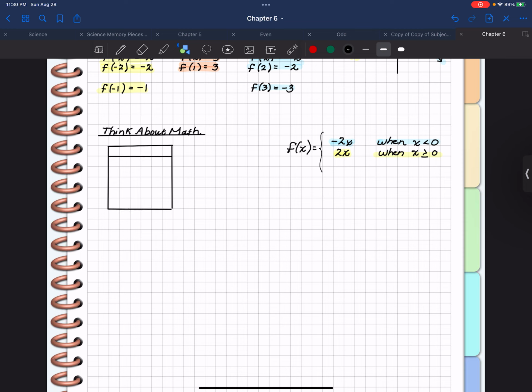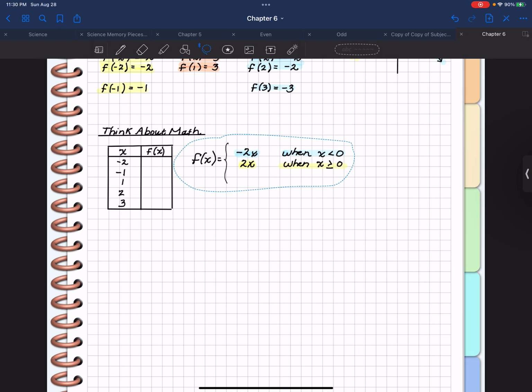Here we've got our x's, and then we have f of x. They want us to evaluate this function when x is -2, -1, 1, 2, and 3. So let's figure out which is which.